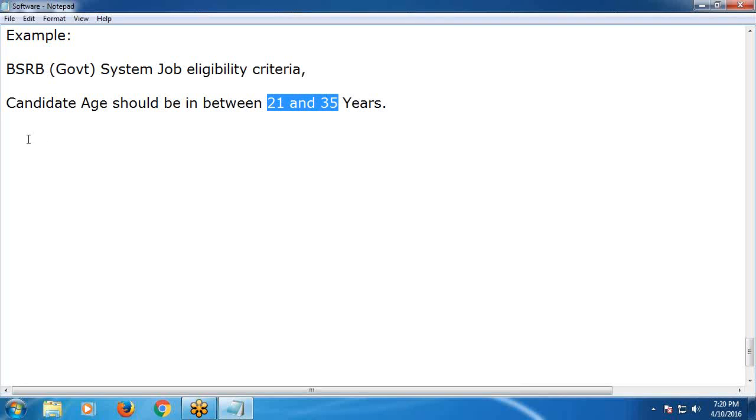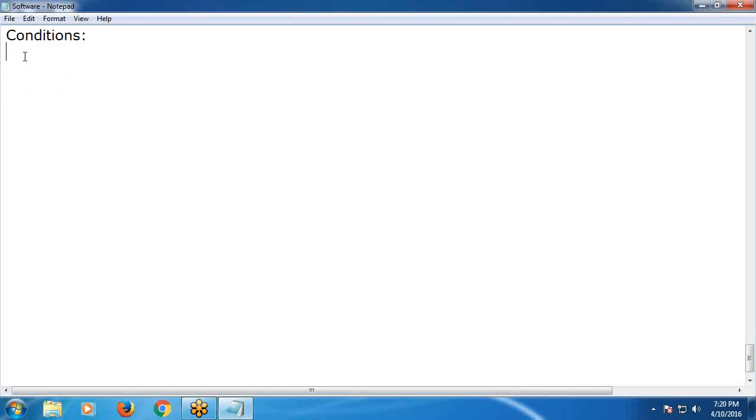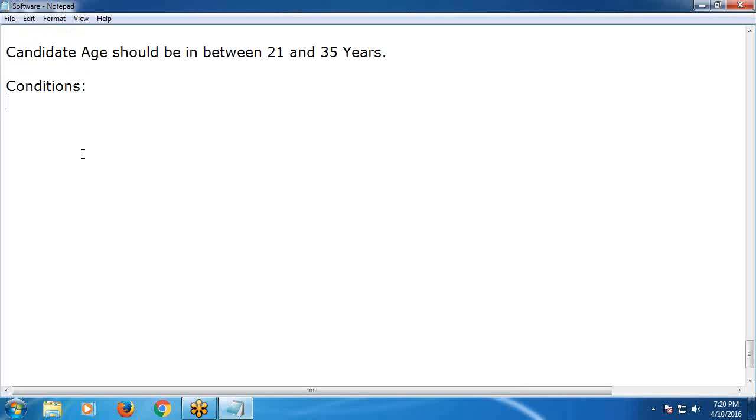But there are some conditions for this test requirement. This is a government application. First condition: for SC or ST, scheduled castes or scheduled tribes, candidates, 5 years age relaxation.